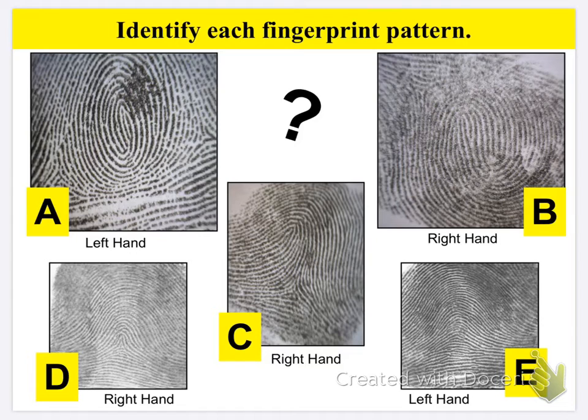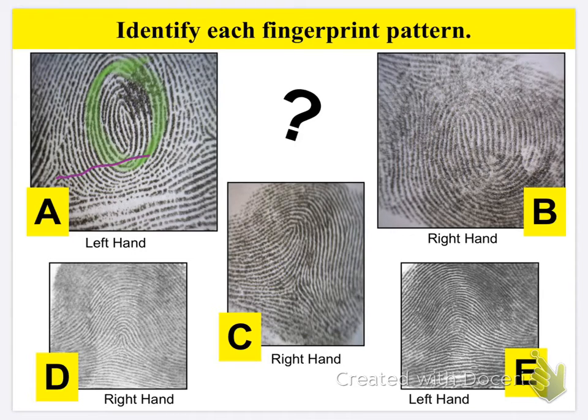If we look at these fingerprint patterns, let's identify each one. On this first one, we can see the circular pattern, so we know that that is a whorl. But also we need to figure out what type of whorl it is. Now, it's obvious it's either going to be a central pocket or a plain whorl.